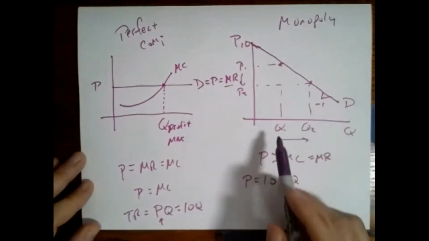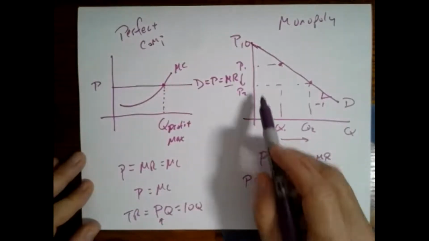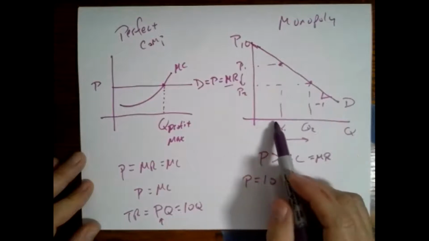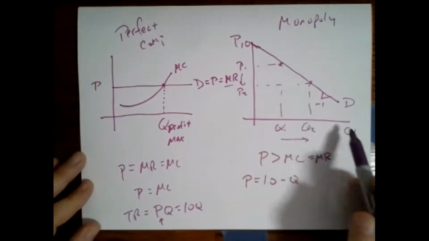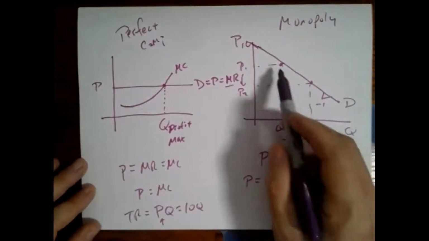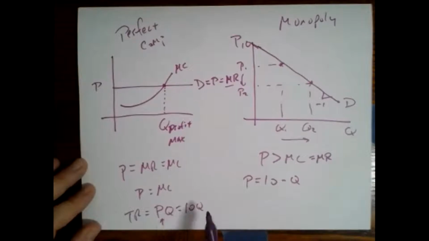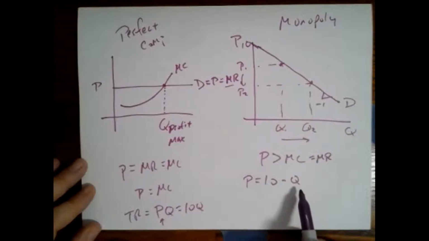So for every additional unit of Q, if Q is equal to 1, then you get a price of 9. If Q is equal to 2, you get a price of 8, and so forth. So P is not a constant number for the monopolist. It's a changing number depending on the quantity, as opposed to over here, where it's always just 10, or always 25 or whatever it is. Over here, it depends on how much quantity the monopolist wants to put into the market.